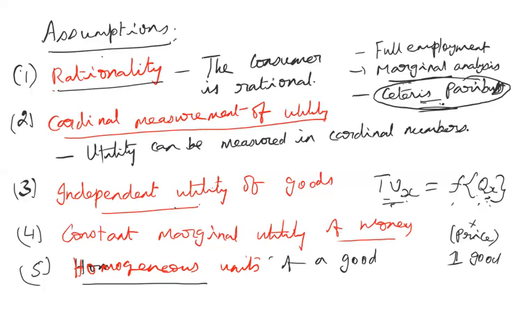So all the 6 mangoes should be identical. Going by the same thing, there should be uniform size of the goods. That means whatever commodity is taken should be neither too big nor too small. Okay, it should be one full mango. Then only the consumer will be able to measure his satisfaction. And uniform size.